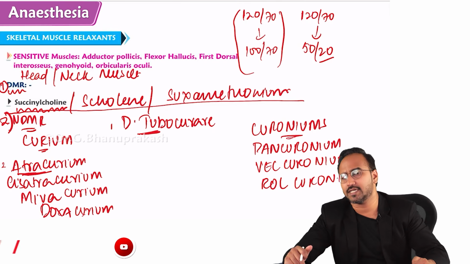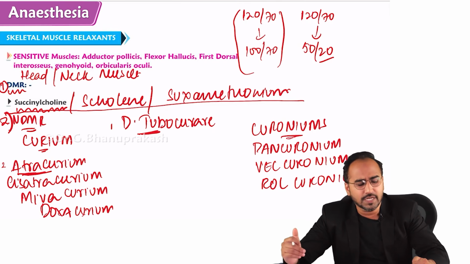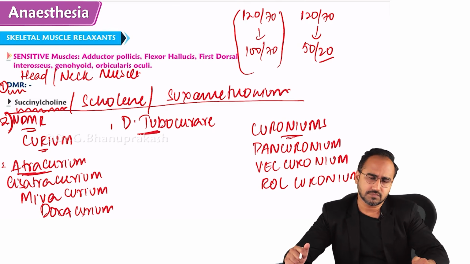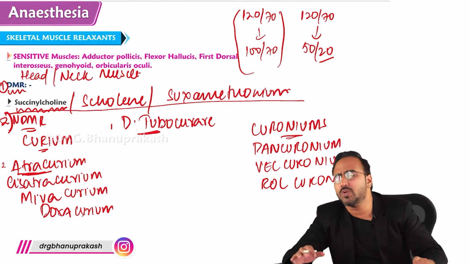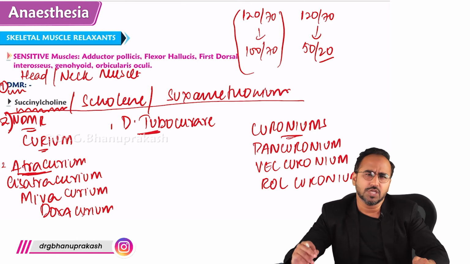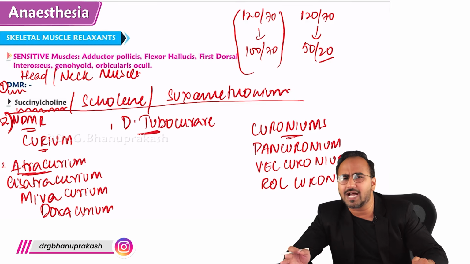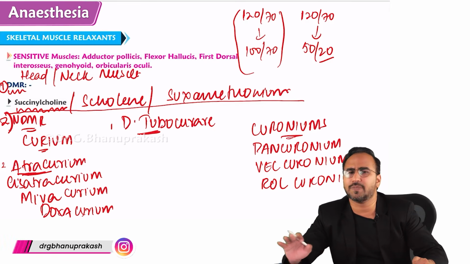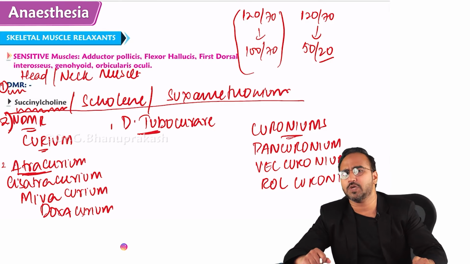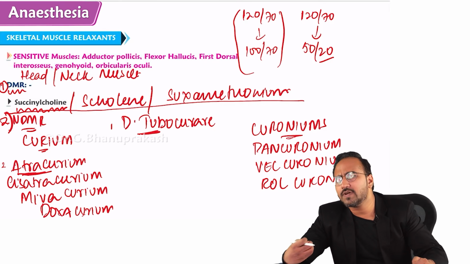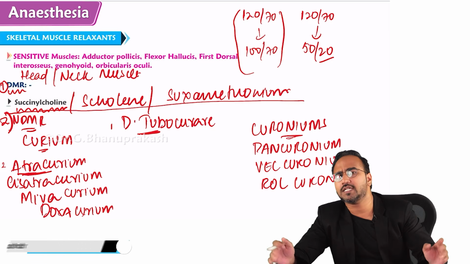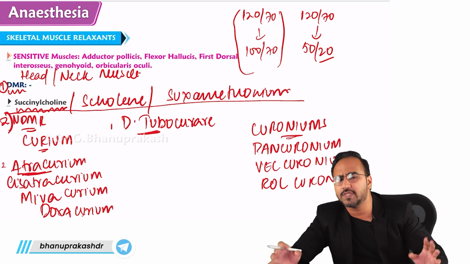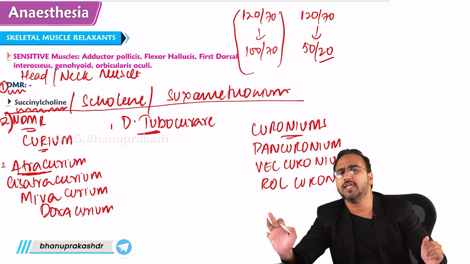It's human nature. Whenever you buy a new car, or whenever you go into a new relationship, you will always see the good aspects of your partner. If you are buying a new car, you will see the good aspects of it. Same happened with Atracurium. When it was released, everyone was just telling, "It is a wonder muscle relaxant, nothing to do with the liver, nothing to do with the kidney, undergoing Hoffman degradation."